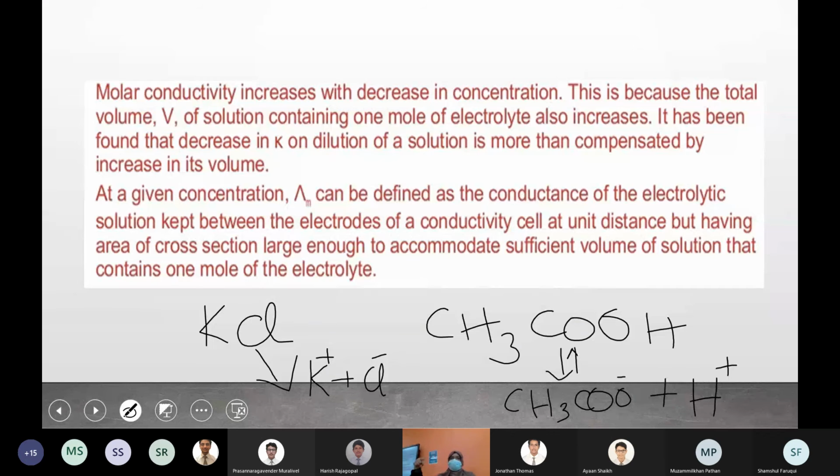For a strong electrolyte, it's a straight line graph showing a slight increase in the molar conductivity value. But for a weak electrolyte, the increase is very steep, a sharp increase. And that increase is because on dilution, the weak electrolyte undergoes further dissociation, or you can say the degree of ionization increases for weak electrolyte.